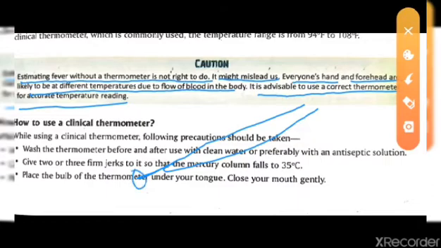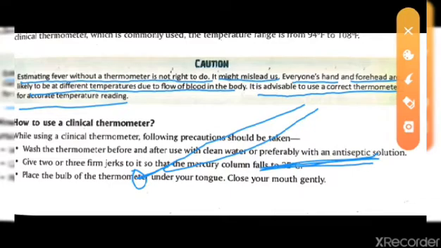After that we put it into the mouth or under the arm. After keeping it there for 1 to 2 minutes, we take it out and hold it horizontally. When we hold it horizontally, we can see the correct reading.